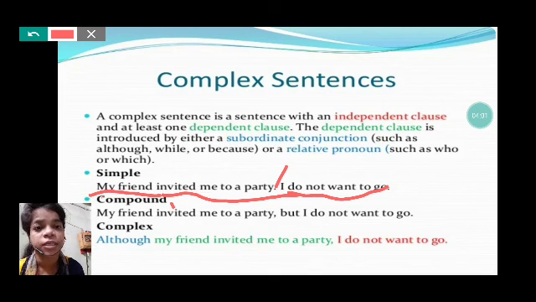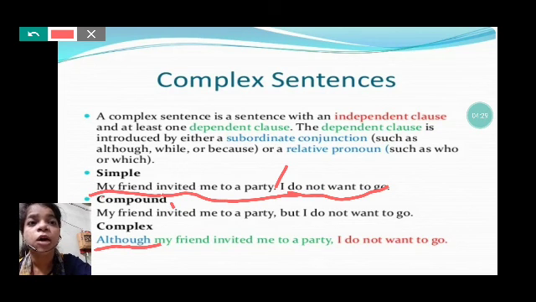Let's focus on simple and complex. Simple we have discussed, that you can easily understand. Complex: Although my friend invited me to a party, I do not want to go. Here you can see this is one sentence, but the words are written in three colors: blue, green and red. Although is blue.